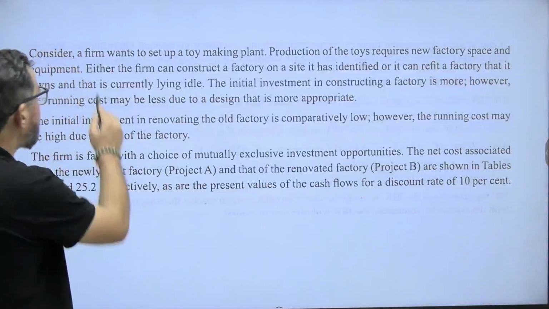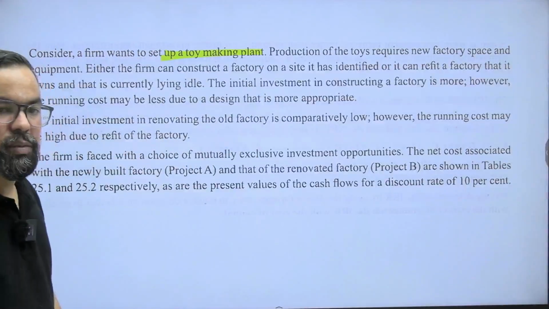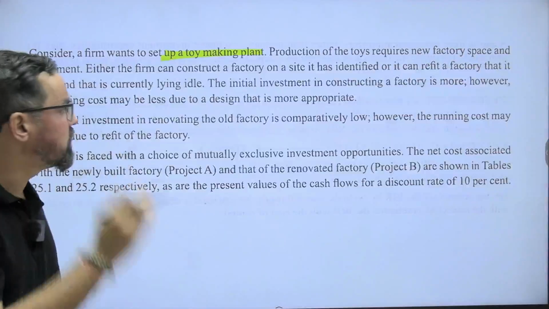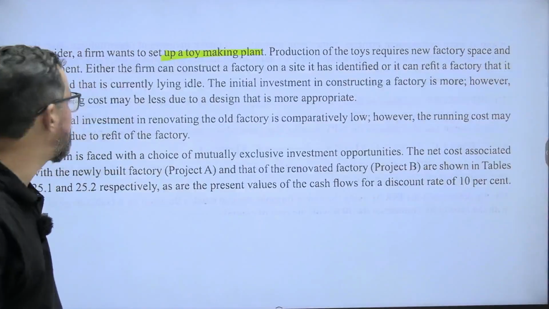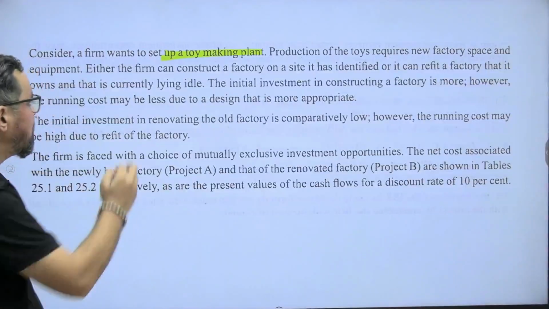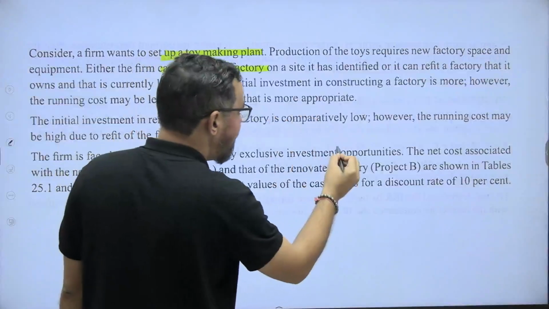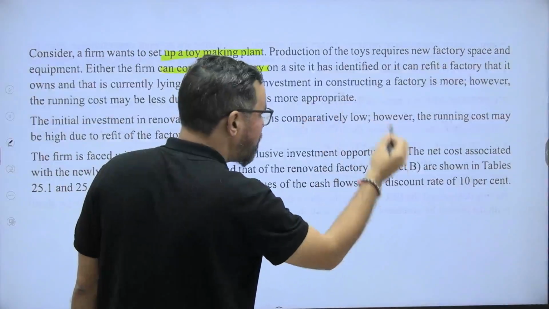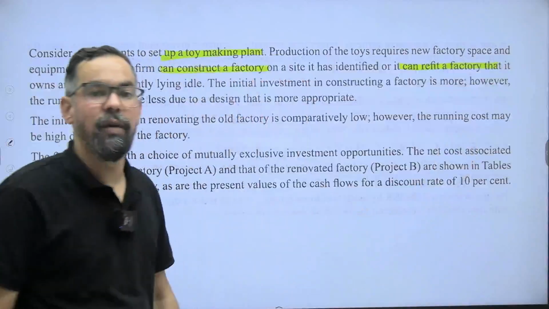So there is a firm which is a toy making company. There is a business which manufactures toys. Production of toys requires new factory space and equipment. They have two options. One is that the firm constructs a new factory on a site it has identified, or refits a factory. Now they have two options.